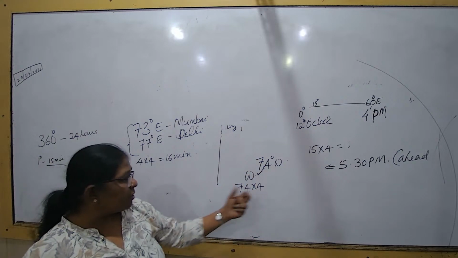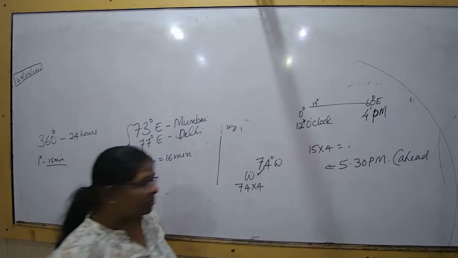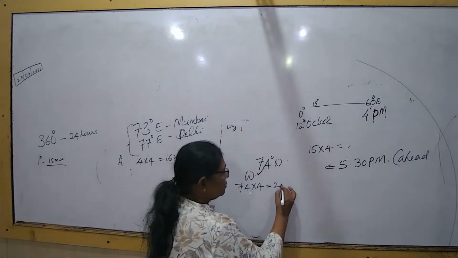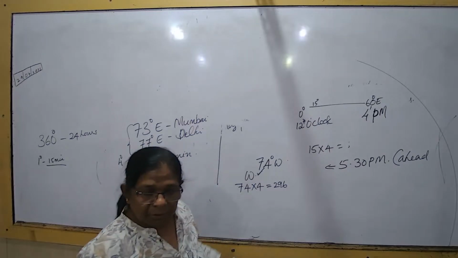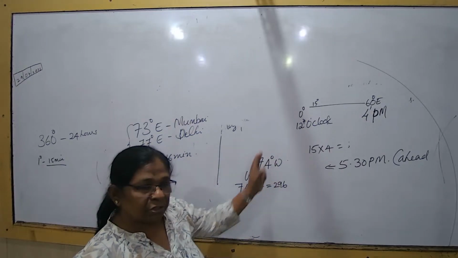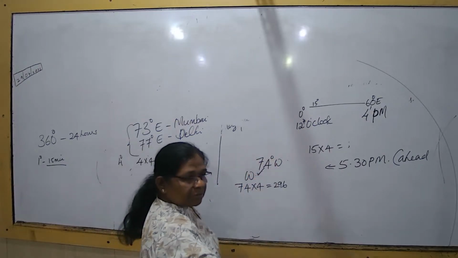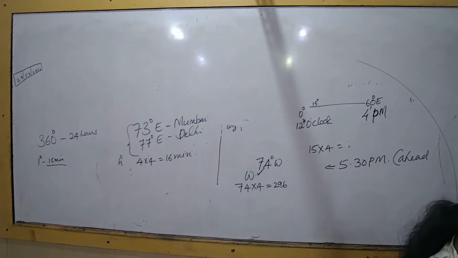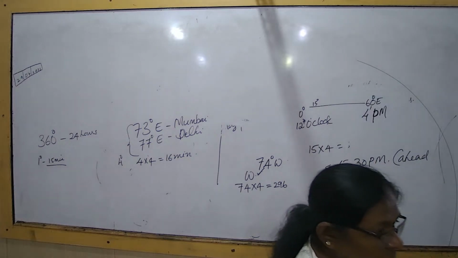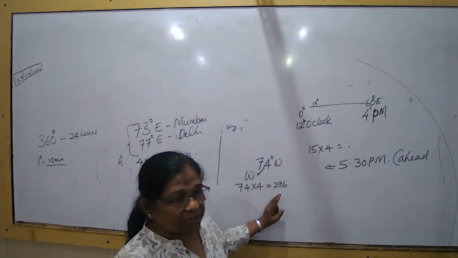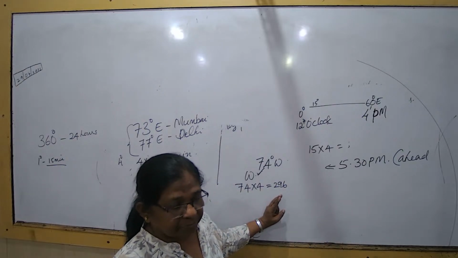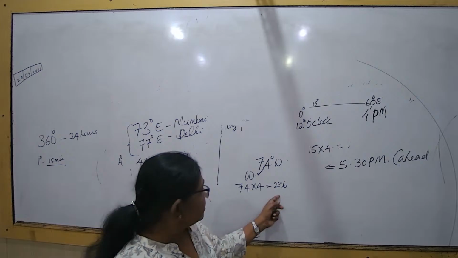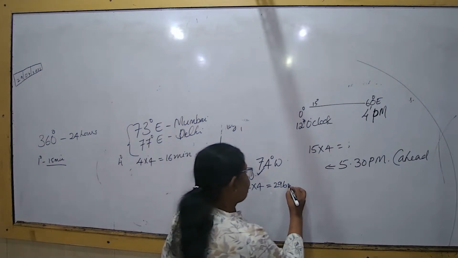Okay, 74 into 4, how much is coming? 296. So that shows how many hours? You just calculated it. 296, how many hours? Minutes, right? This is minutes.